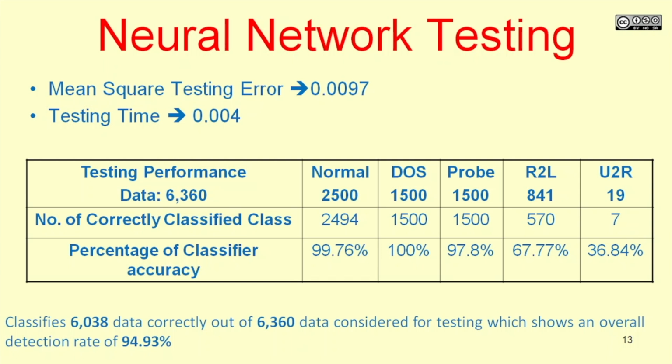Out of the 1500 DOS, 1500 were correct; for probe there were some misclassifications, so if you calculate it, it comes to around 97.8%. Likewise for R2L and U2R. Overall, out of 6360 data taken for testing, 6038 data have been correctly classified, showing an accuracy of 94.93%.